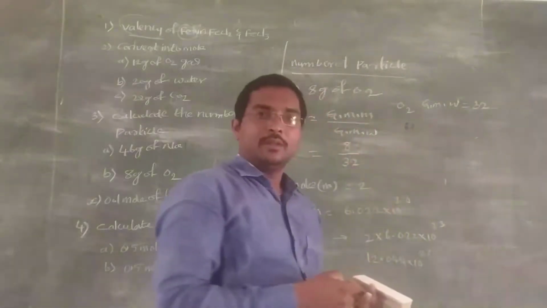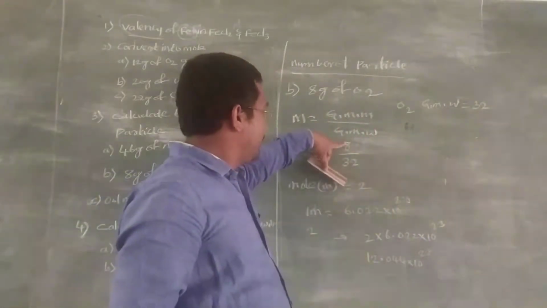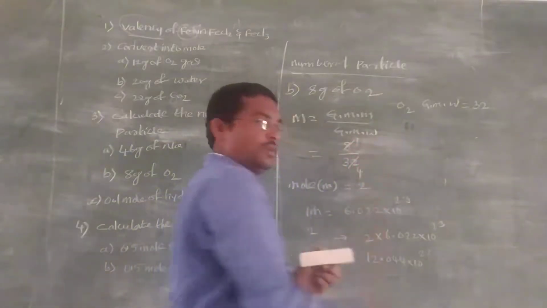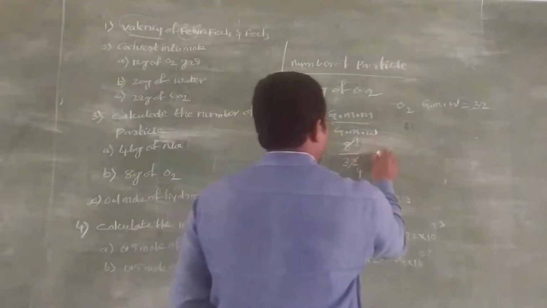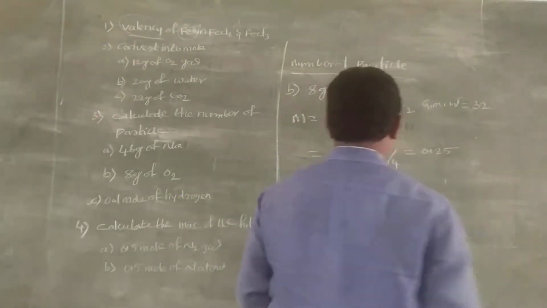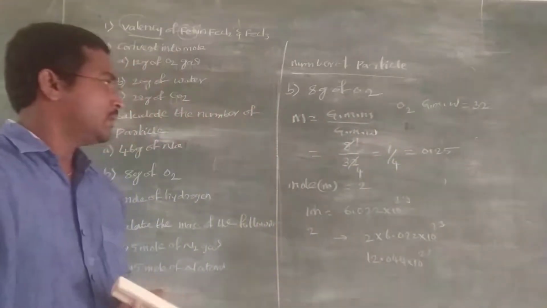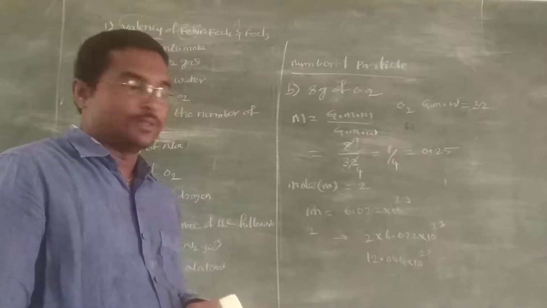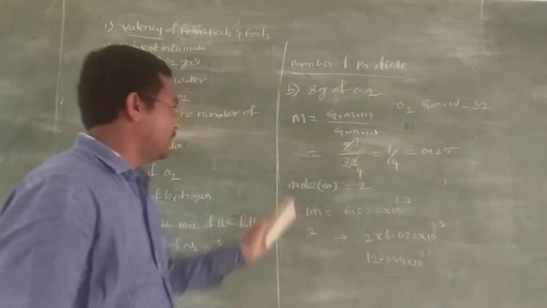Okay, simple. 8 by 32 is 1 by 4, which is 0.25. The mole is 1 by 4 mole.